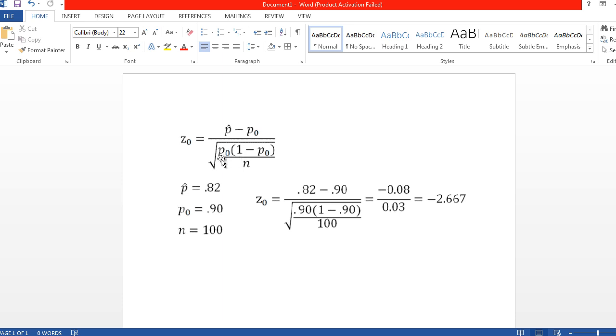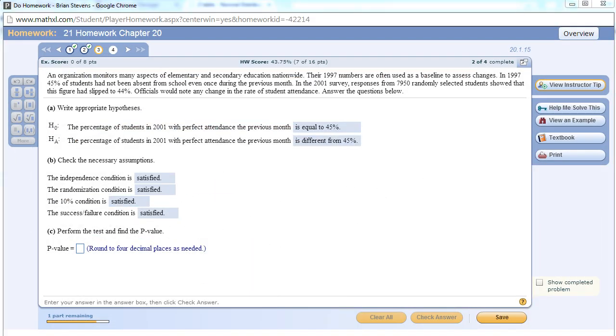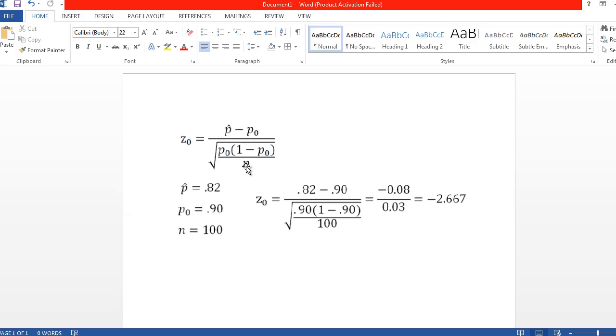Down here we have 0.45 times 0.55, because 1 minus P naught is Q naught. And then we would have that over our sample size, which is 7,950. Sample size goes down here at the bottom. Sample proportion, tested proportion, assumed or null proportion, all the same thing, and then sample size.